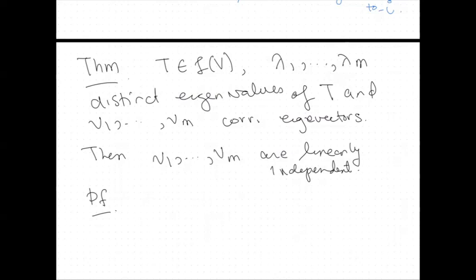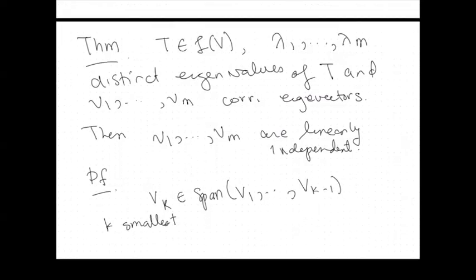Suppose vk is in the span of v1 to v(k-1), with k smallest.